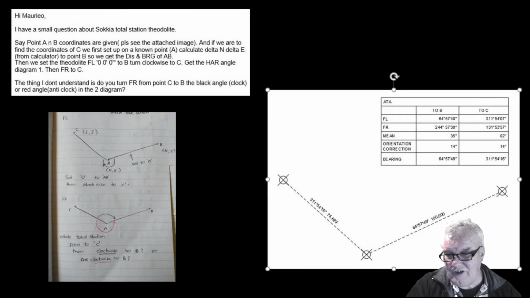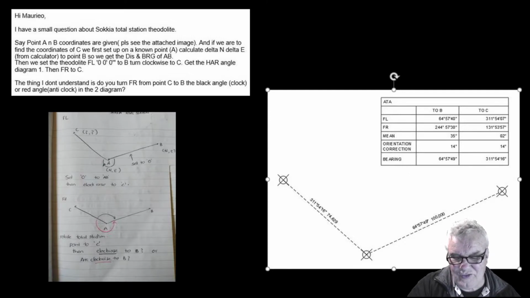Also, as long as the instrument is measuring clockwise, in other words the bearings are increasing clockwise, it doesn't matter which way you turn the theodolite, because it's just measuring the direction from A to wherever you're going. So it doesn't matter which way you turn.